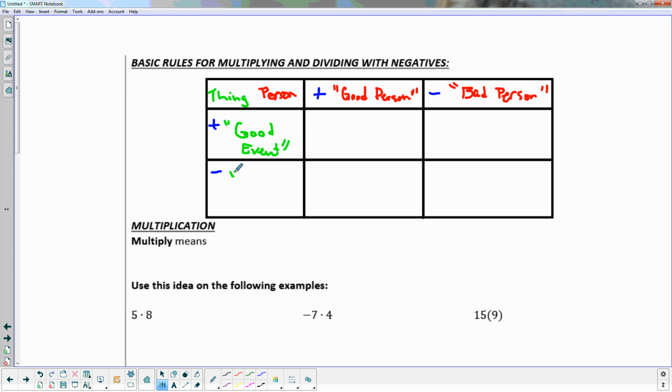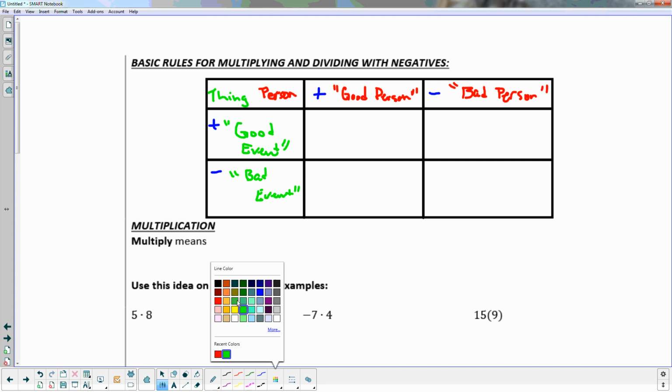And the minus will be a bad event. Okay. So I have people and I have events.